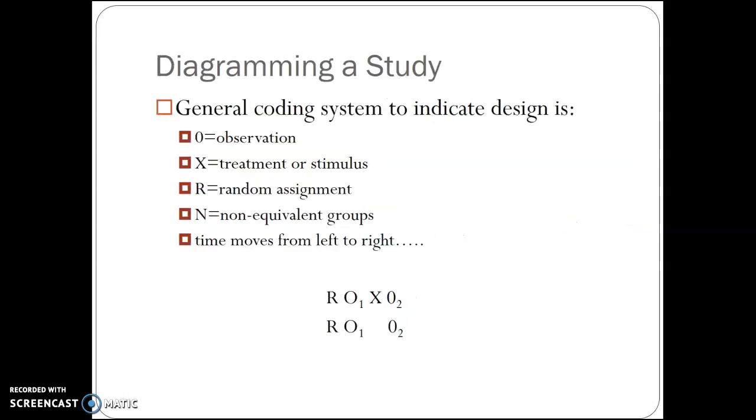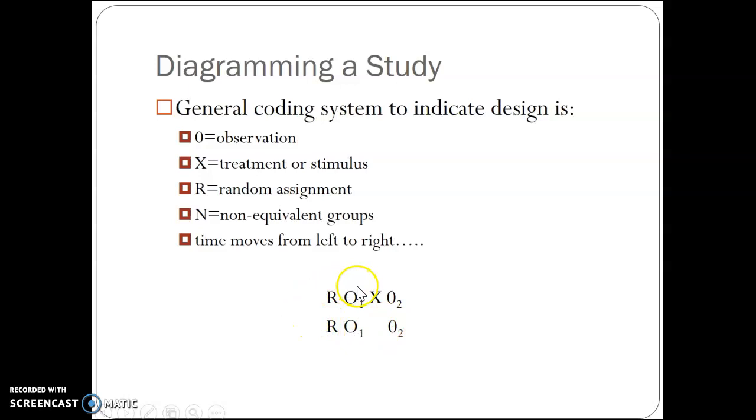You've seen the tic-tac-toe before. You've seen the notation, the zeros and the x's, the r's and the n's, and what they indicate. Take a look with me at the diagram here. You can see these r's, which indicate random assignment. Your study sample was randomly assigned to one of two groups.